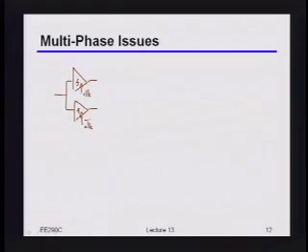But maybe that's not so bad, because you could take your phase interpolator and do some sort of phase splitting and get both clock and clock bar with the same phase relative to the reference clock. Okay, so that seems reasonable.